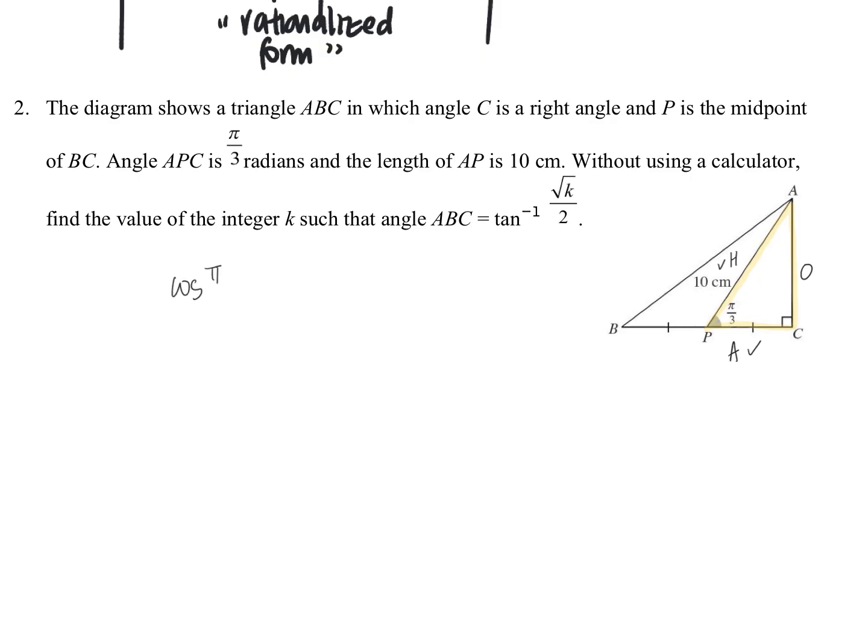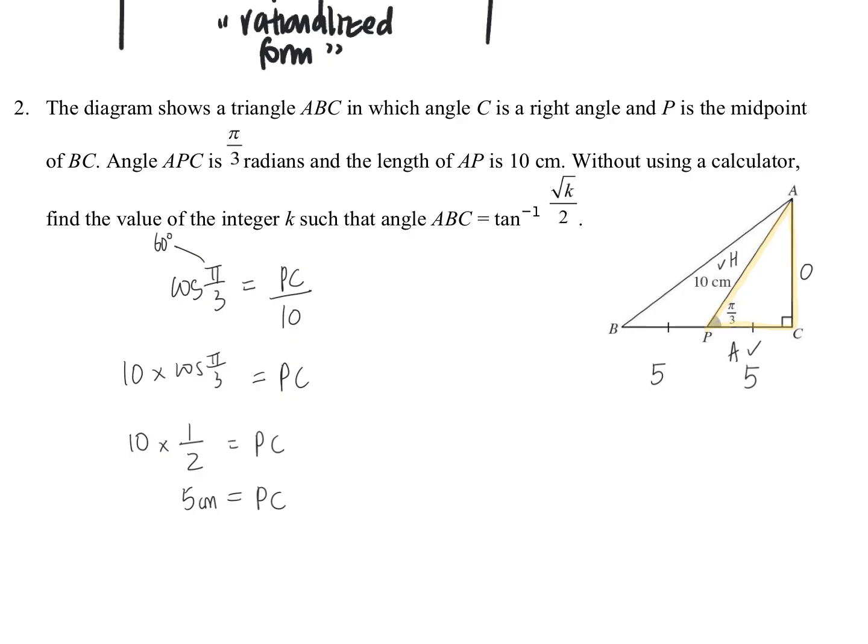So cosine of pi over 3 is PC over 10. So to find PC is just 10 times cosine pi over 3. But pi over 3, in my mind, I know is 60 degrees, which is the C6. So you know it's going to give you half. So actually PC is just 5 cm. So knowing this is 5, this will also be 5 because P is the midpoint.